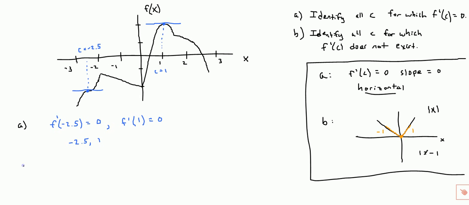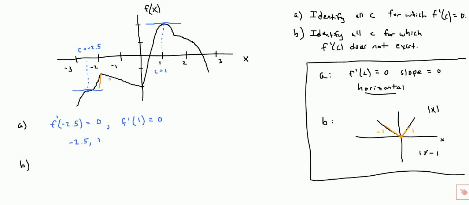Alright, part B. Remember, we want to look for points where the derivative is different on each side, right? So let's start at the left. Right, the derivative is positive. Alright, and then here. See how there's a little cusp in the graph? Looks like a little kink in a hose or something. Right, if we drew a tangent on the left-hand side, we would say that it looks like that.